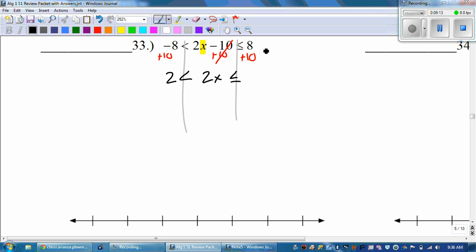And then 8 plus 10 is 18. Now, is the x by itself? Nope. We have to divide by 2. 2 divided by 2 is 1, is less than x, which is less than or equal to 9. And that's what we're going to write on the line.